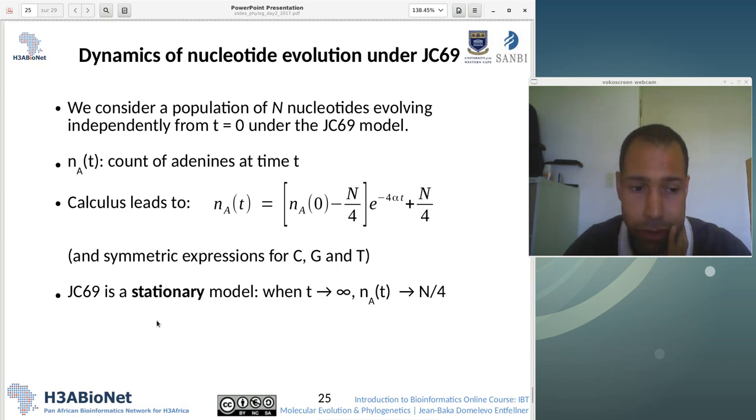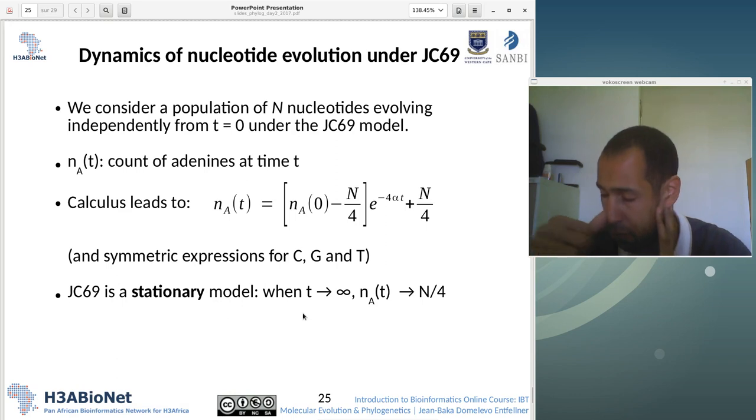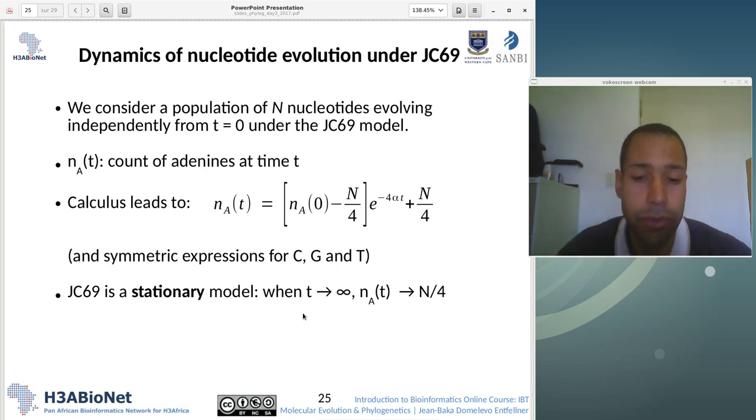This means that this Jukes and Cantor 69 is a stationary model because there is a horizon distribution of nucleotides, and this distribution of nucleotides is the uniform distribution, 1/4, 1/4, 1/4, 1/4, okay, for each nucleotide. So that's why after an infinite amount of time, the number of nucleotides A tends to be equal to the total number of nucleotides divided by 4.